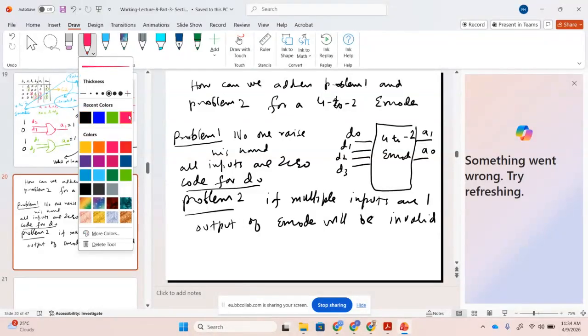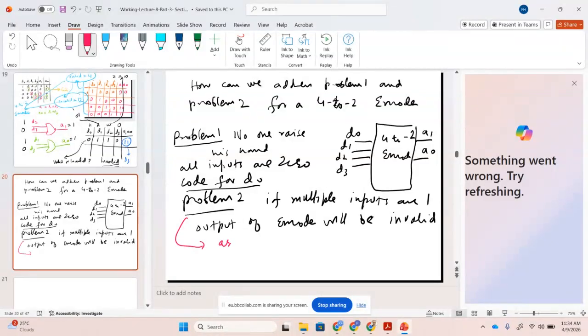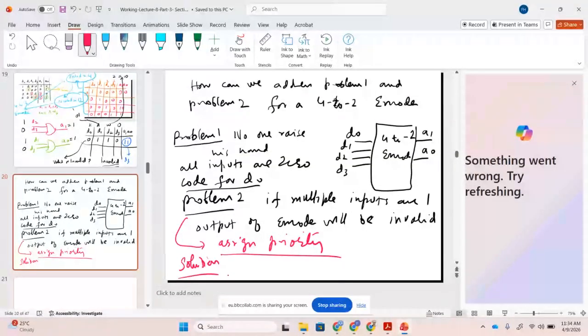So now you can say, okay, for problem number 2, we can assign priority. How can we solve problem number 1? I'll explain the solution in my next slide. Can anyone answer me?